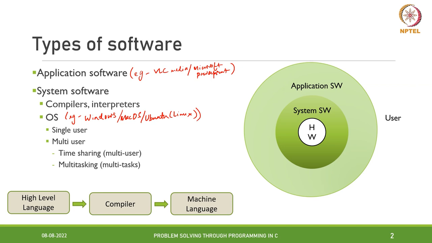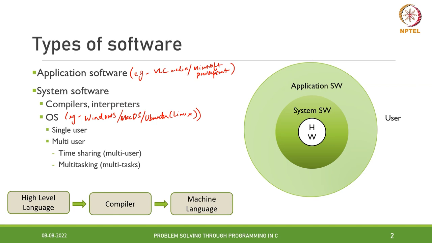An operating system needs to be present on your computer so that it can interact with the hardware and provide you with the basic functionality that you need. For your computer to run, you need the operating system to be present on your system, and then on top of that you install all the application software according to your use, right?